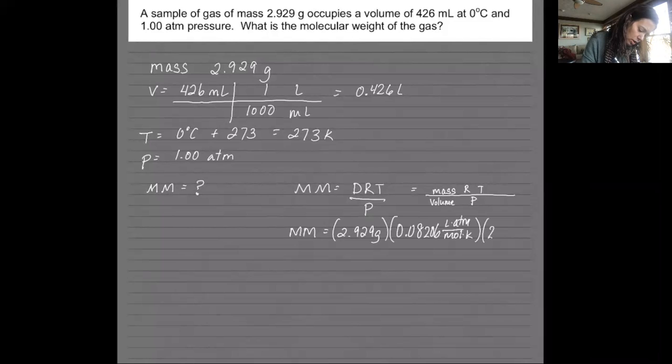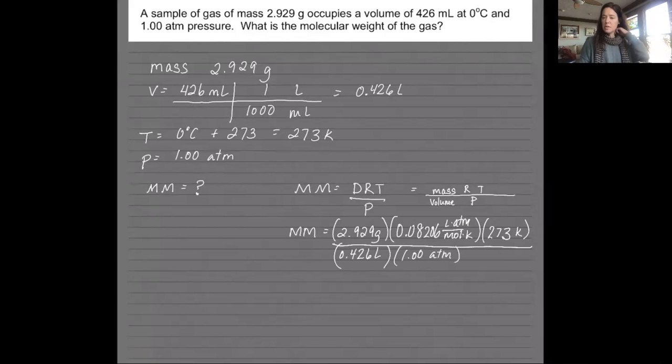It's 273 kelvins. All right. We need to, down here, put in our volume. It is 0.426 liters, and our pressure, which is 1.00 atmospheres.